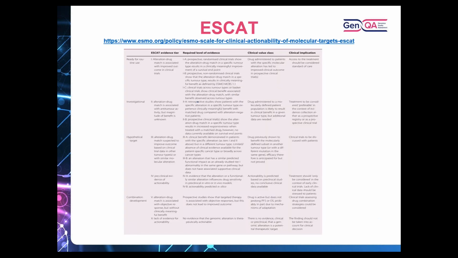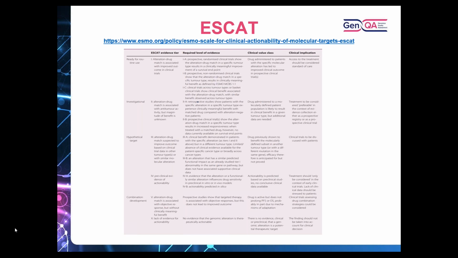Okay, so the SCAT guidelines. SCAT stands for ESMO Scale for Clinical Actionability of Molecular Targets. This ranking was determined to support the ESMO Precision Medicine Working Group recommendations for the use of next generation sequencing for patients with metastatic cancers.